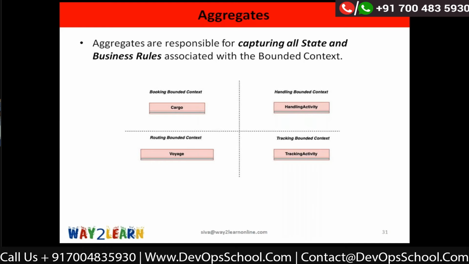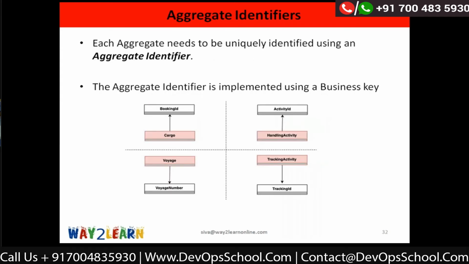We have to identify it. So how to identify? It is based on your business. You have to sit with your business analyst and identify what should be your root entity. That should be your first step. The next step is to identify the aggregate identifiers. For my cargo, whenever I book a cargo, the booking ID is the unique identifier.